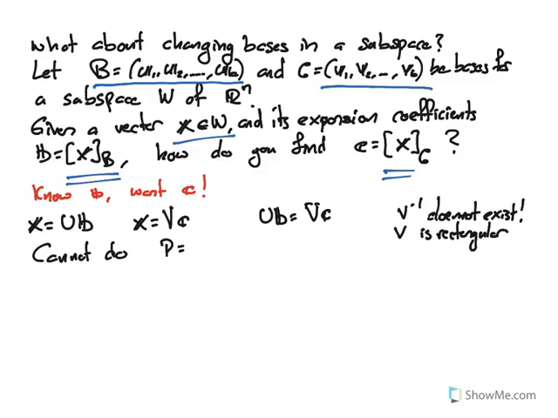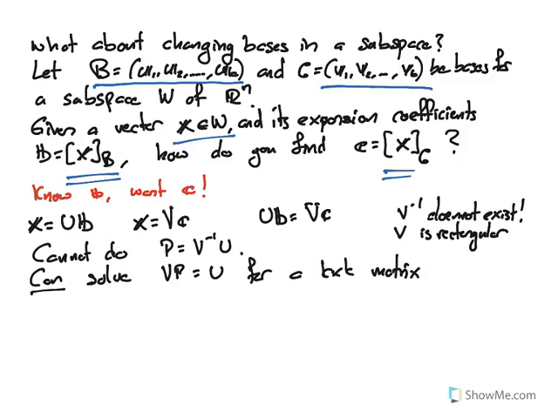So we cannot do P as V inverse times U, but we can solve Vp equal to U for a k by k matrix P. So in principle everything works exactly the same.